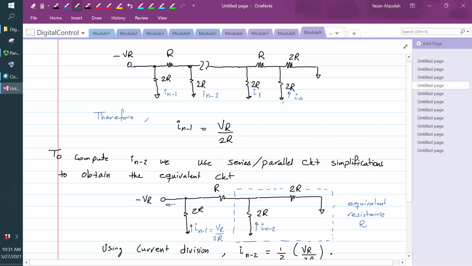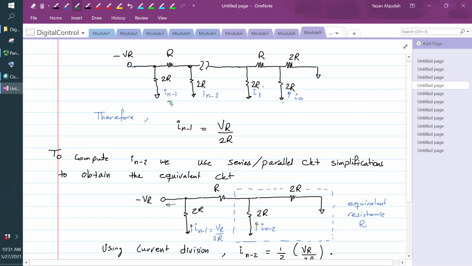Now what does that mean? If I look at the current, let's calculate this current here, IN minus 1. I can look at this circuit and take the equivalent of all these resistors. 2R and 2R, these two in parallel, are going to give me an equivalent that is R. If I add it to this R, I'm going to get 2R.